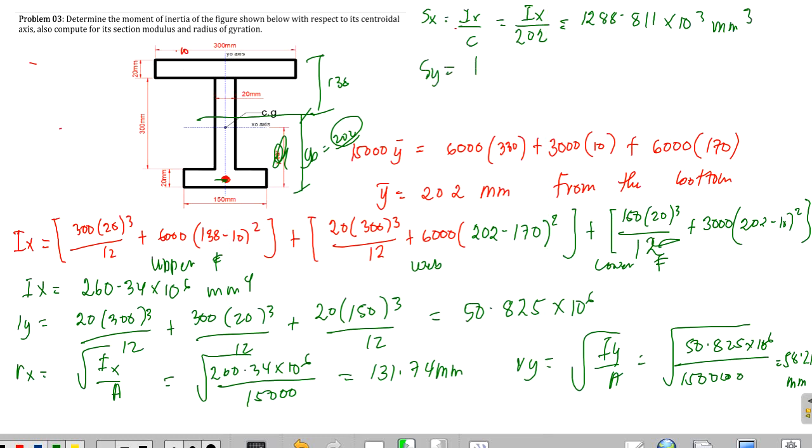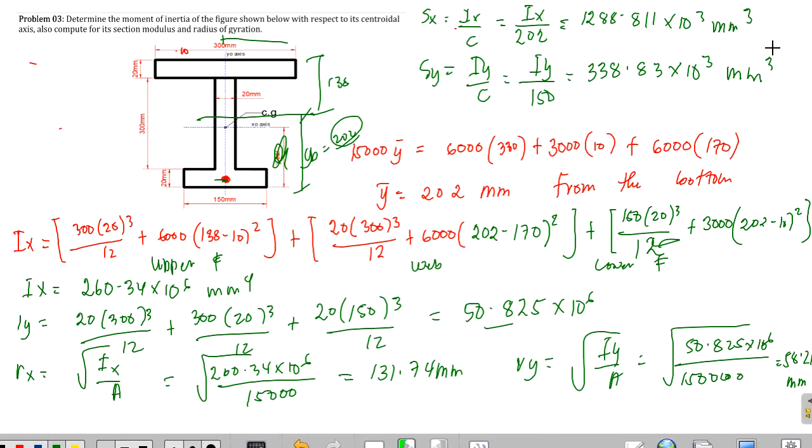And for the Sy, that is Iy over C. Iy is 50.825 times 10 raised to 6. How about our C? If this is 300, half of 300 is 150. Substituting the value of Iy, we get the section modulus with respect to y, which is 338.83 times 10 raised to 3 mm to the cube.